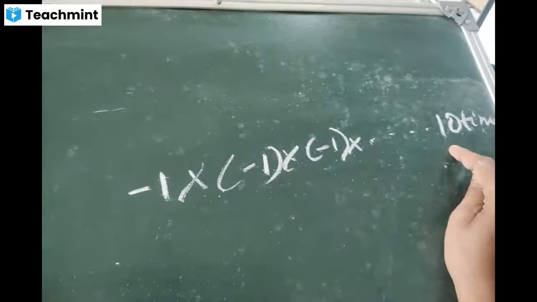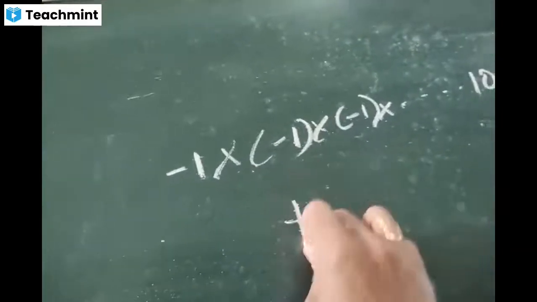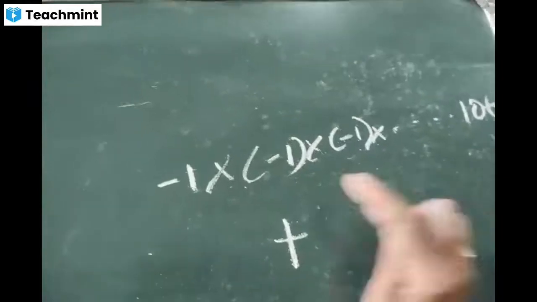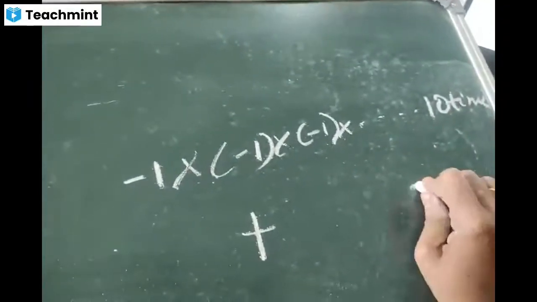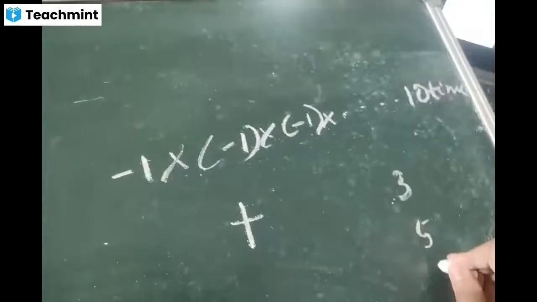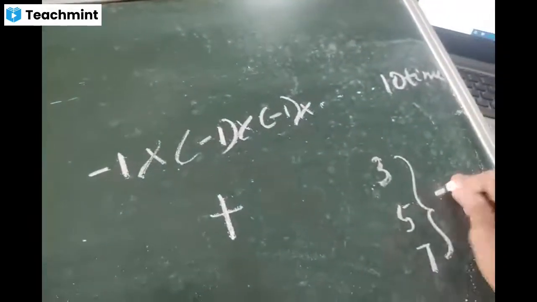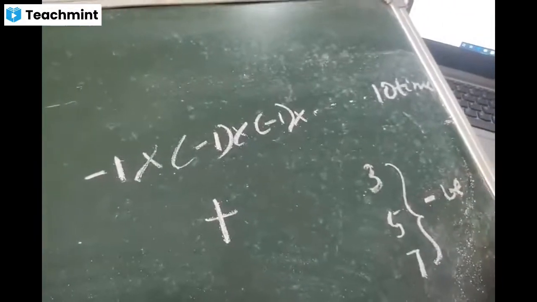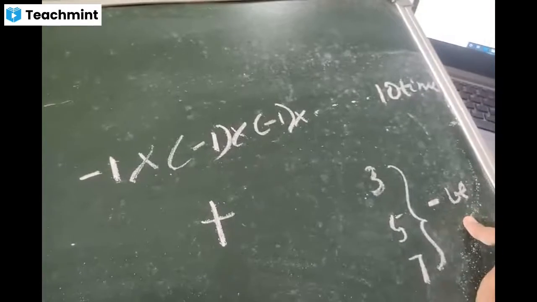If you multiply a negative integer an odd number of times, suppose 3, 5, 7, the answer will be a negative integer.